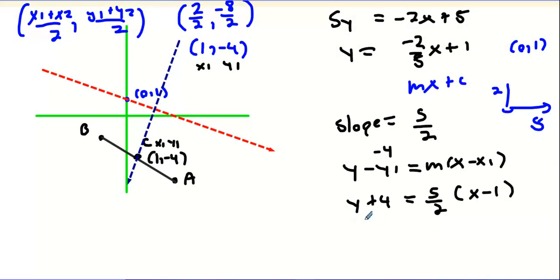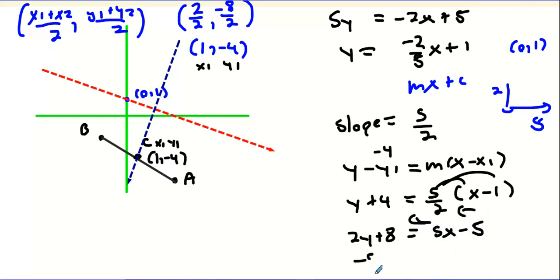The 2 is division on the right, which makes a multiplication on the left. Then multiply them by the 5 and you get 5x minus 5. Move everything to the left, so you get minus 5x plus 2y. And then 8 minus 5 changes to plus 5 when it crosses the equal sign. 8 plus 5 is 13.